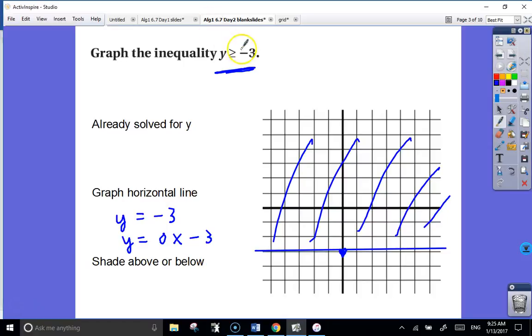If it's greater than or greater than or equal to, it's above. If it's less than or less than or equal to, it's below. The line determines whether it's solid or dashed, right? Okay.